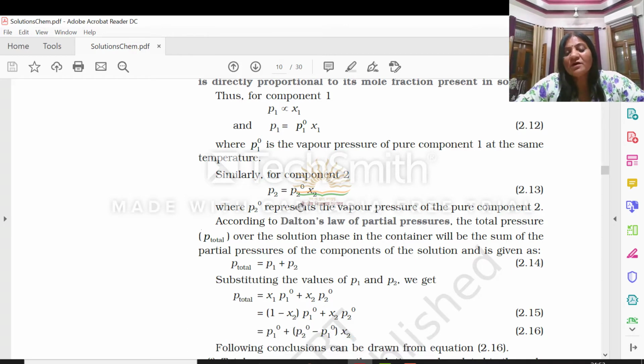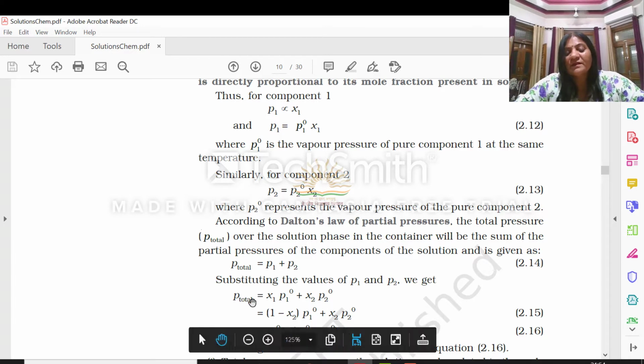P naught 2 represents the vapor pressure of the pure component 2. According to Dalton's law of partial pressure, the total pressure over the solution phase in the container will be the sum of the partial pressures of the components of the solution, given as P total is equal to P1 plus P2. Then P total is equal to P naught 1 into X1 plus P naught 2 into X2.